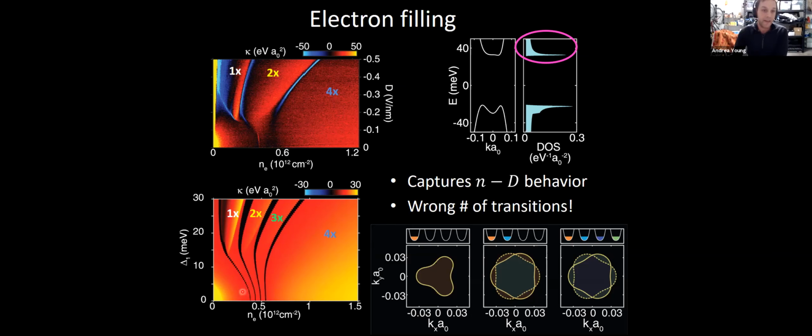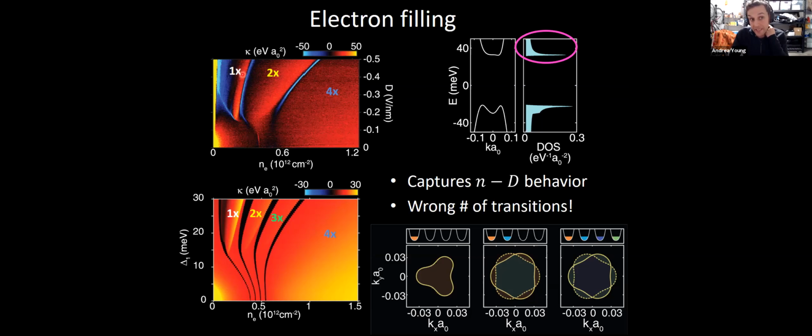You're basically seeing the fact that as you go to larger and larger displacement fields, this van Hove singularity gets bigger and bigger in terms of how many electrons it can contain at high density of states. And so your magnetic transitions move out to higher and higher density. Interestingly, and I won't dwell on this, this model does not seem to capture the correct number of transitions.